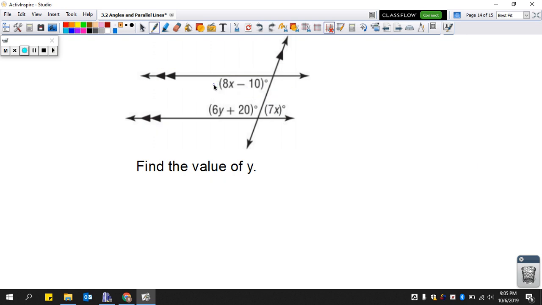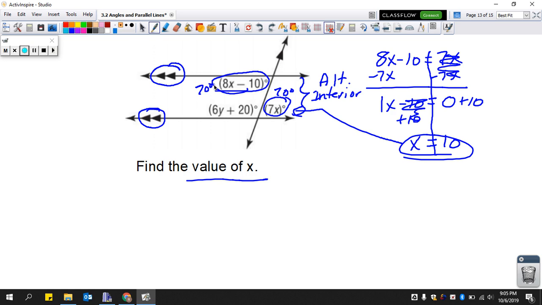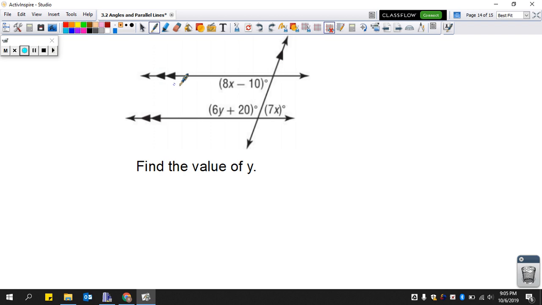Now, using the information that we learned here, the next question wants us to find the value of y. All right, well, using that information, we know that this up here is 70 degrees. We know this down here is 70 degrees. Okay, and so we could use these two measurements here because we know this is a linear pair that adds up to 180 degrees.